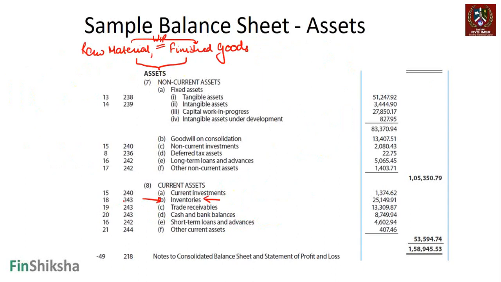Why are these called as current assets? Is because your idea is to not keep too much raw material. Your idea is to quickly convert raw material into finished goods and be able to sell it quickly. That's what a firm should do, right? There is no point storing what you produce. It's always a good idea to keep selling it quickly so that you keep realizing it in terms of cash very quickly, right? So all these are again parts of current assets, and these are essentially known as inventory.